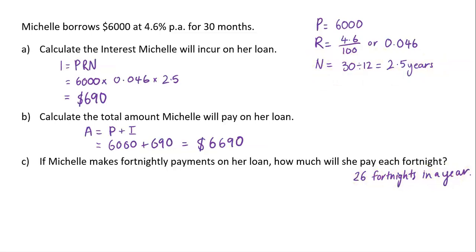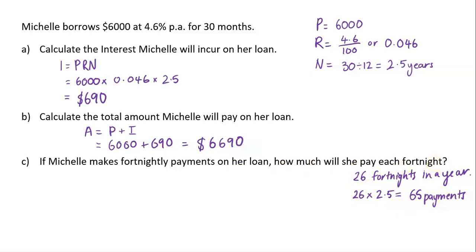So how many fortnights is that? Well, that's 26 fortnights each year for 2.5 years. 26 times 2.5, which is 65 payments in total. One every single fortnight for 2.5 years.